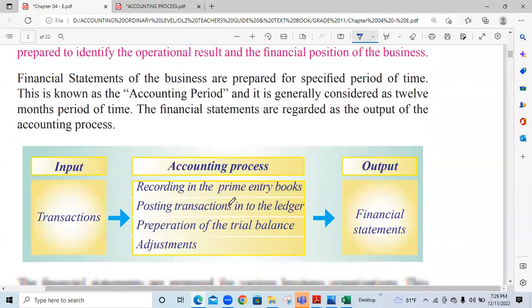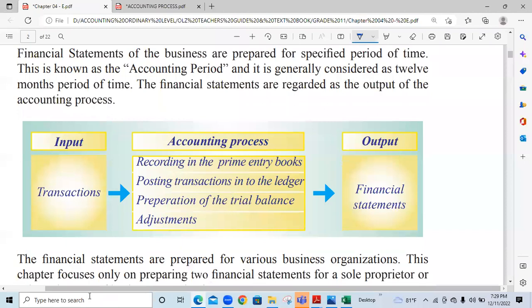I'm continuing. So guys, the financial statements of the business are for a specific period. When I say specific period, I'm talking about an accounting period. Usually, for an accounting period, how many months does one period have? 12 months.